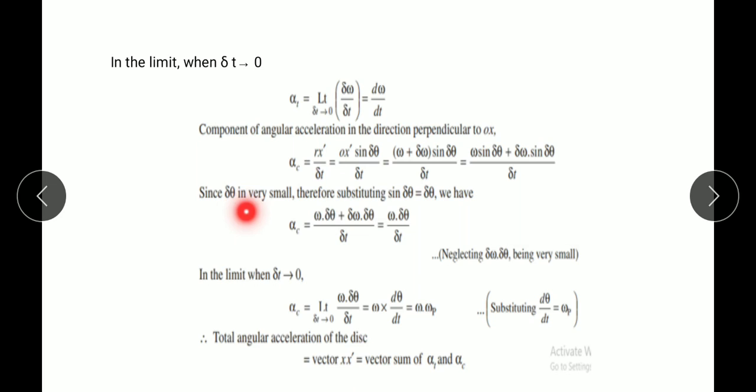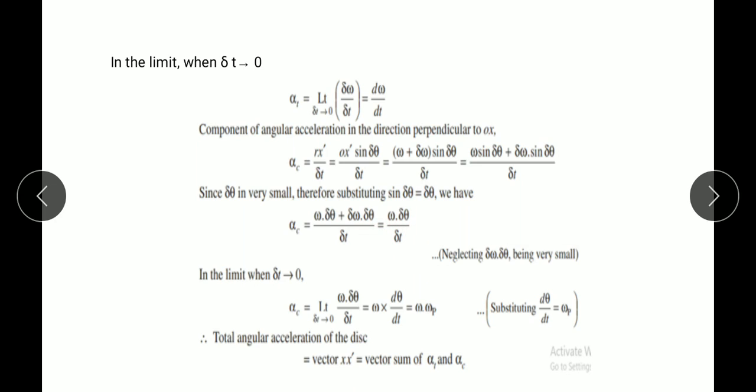Since delta theta is very small, we substitute sin delta theta equal to delta theta. The term delta omega times delta theta is very small, so we neglect it. Then alpha c equals omega delta theta by delta t.